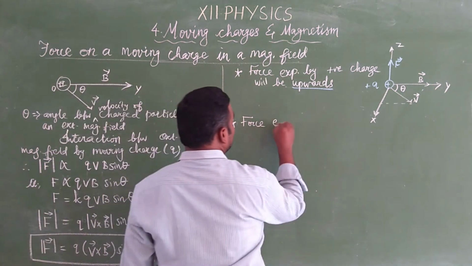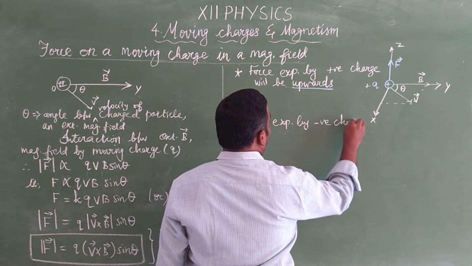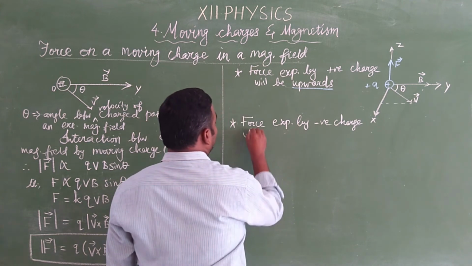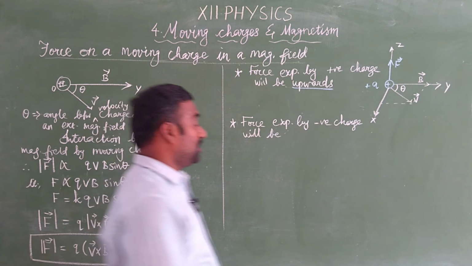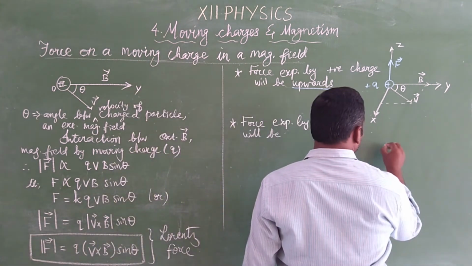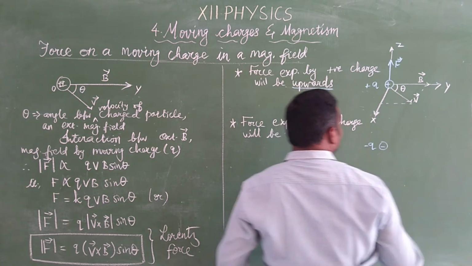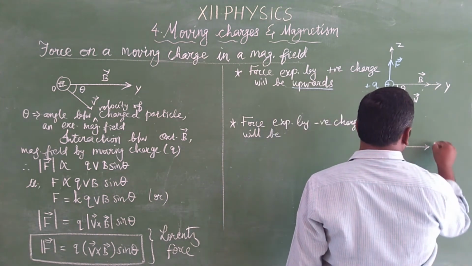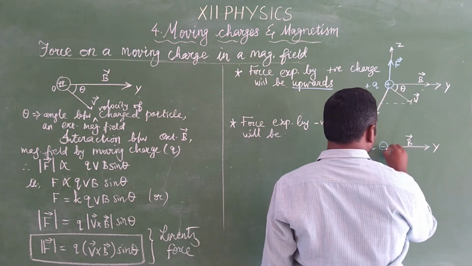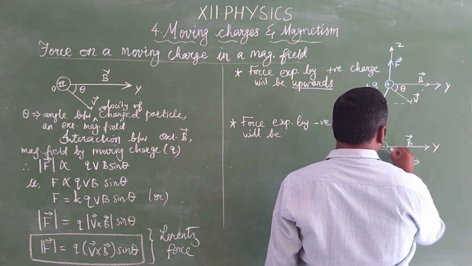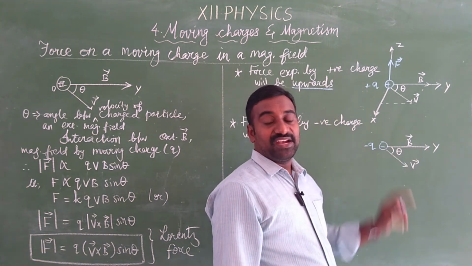If you introduce a negative charge particle like an electron, then how does the particle experience the force? So we are going to calculate the force experienced by a negative charge. We'll take a negative charge, that is minus Q. The negative charge is placed in the external magnetic field B, with the velocity V. Theta is the angle between the negative charge particle velocity and the magnetic field.